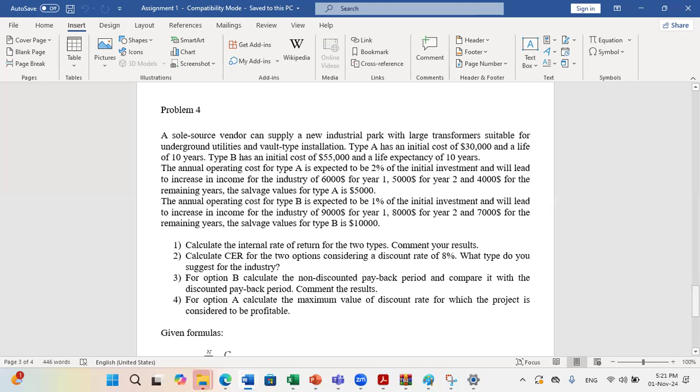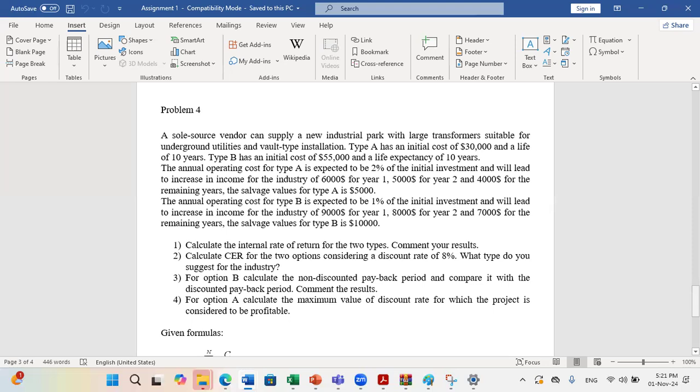The annual operating cost for Type A is expected to be 2% of the initial investment and will lead to an increase in income for the industry of $6,000 for year 1, $5,000 for year 2, and $4,000 for the remaining years. The salvage value for Type A is $5,000.